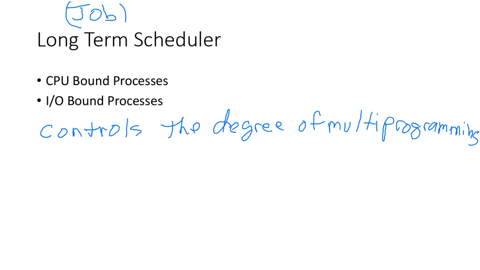What degree would mean is how many processes are in main memory. And in Windows, Unix, Linux, macOS, if a process wants to create another process, it gets created. There's nothing to stop the operating system from saying, nope, you can't create another process. This is a long-term or job scheduler.